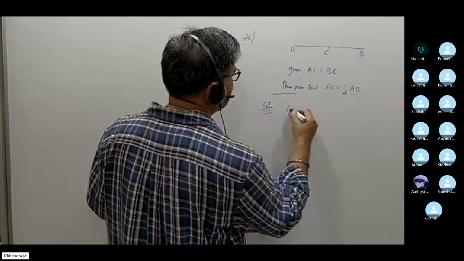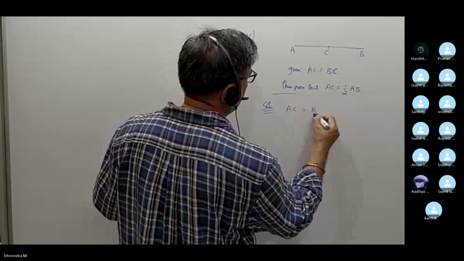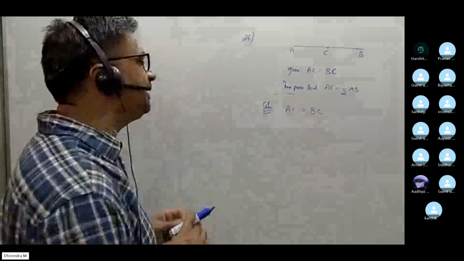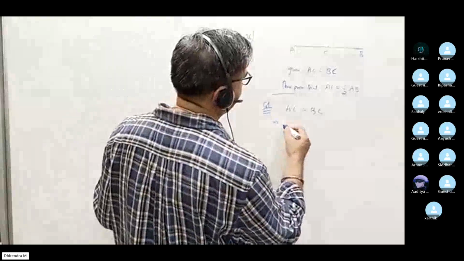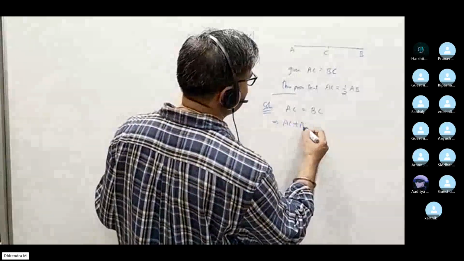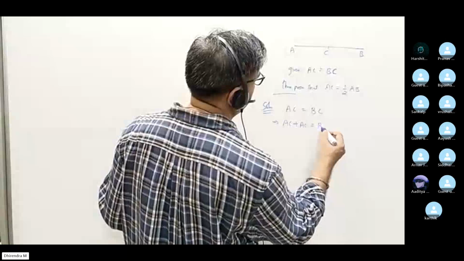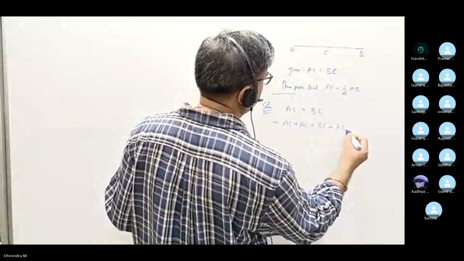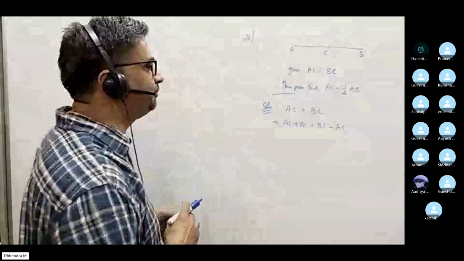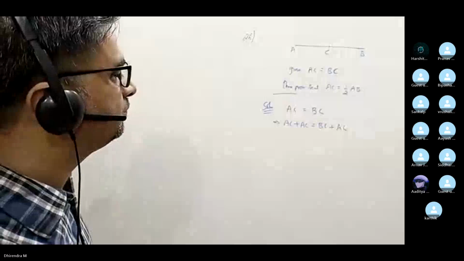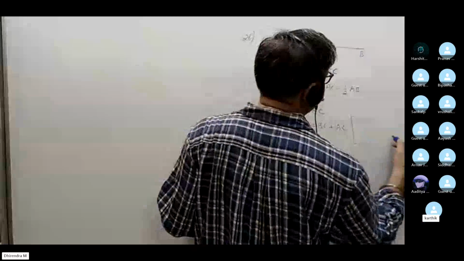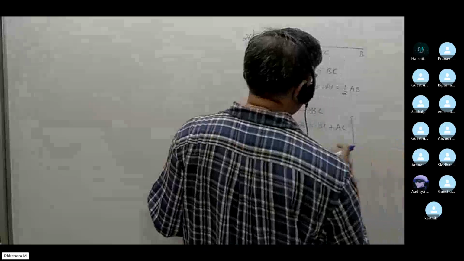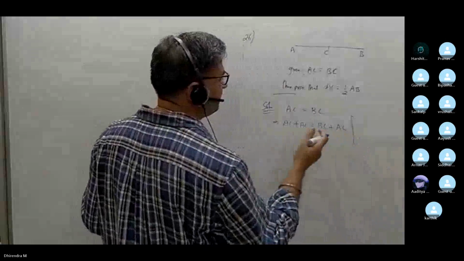So just get this right. How we solve this solution. AC is equal to BC. Yes, it is given, right? Can I write AC plus AC is equal to BC plus AC? Yes, sir. What is it that I will write in the reasoning?